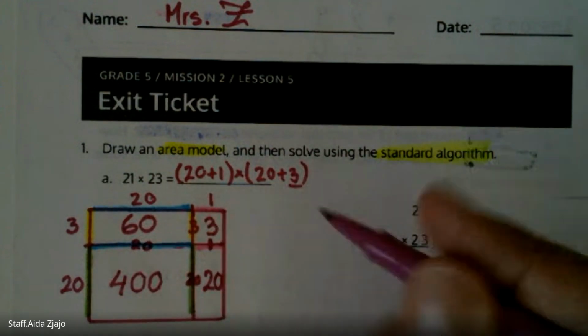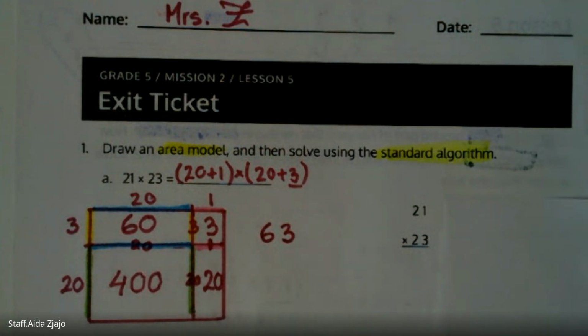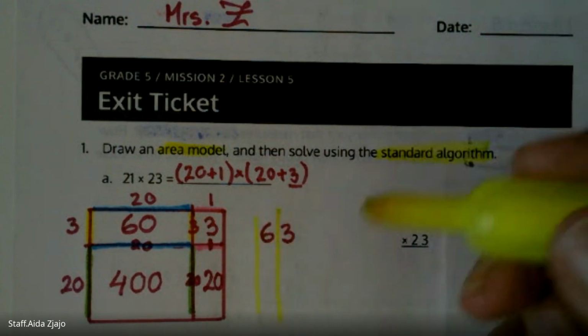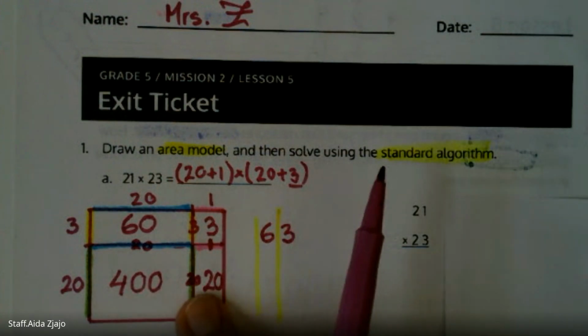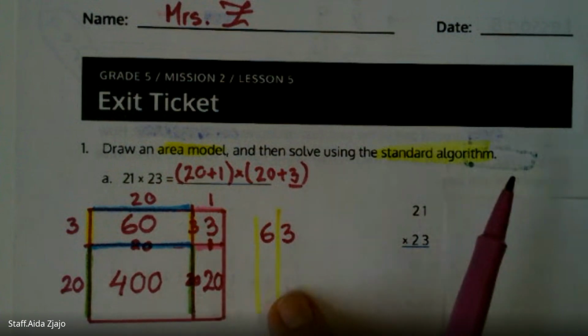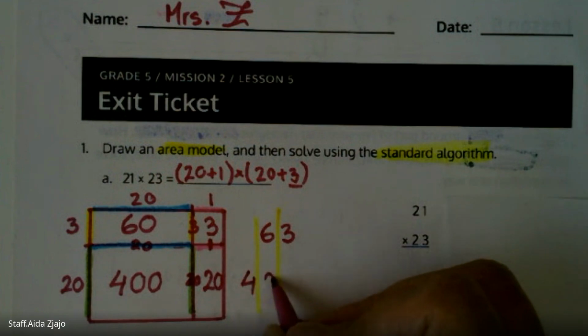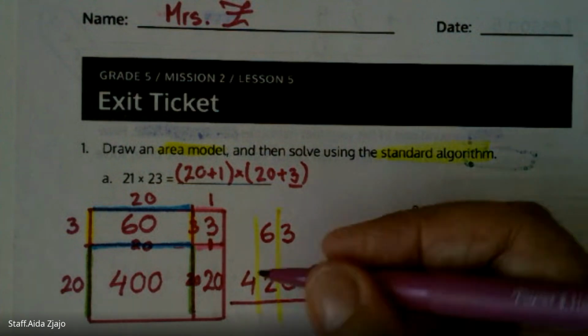60 plus 3 makes 63. Okay, I'm going to draw lines through it so it can help me to create that. Now I'm going to add 400 plus 20 is 420. So I'm going to write 420, and then I can add these together.